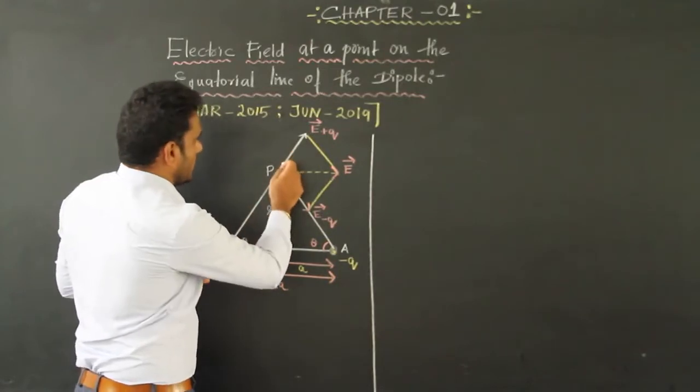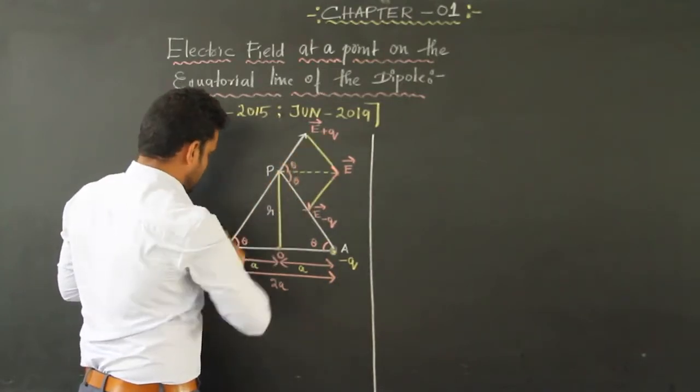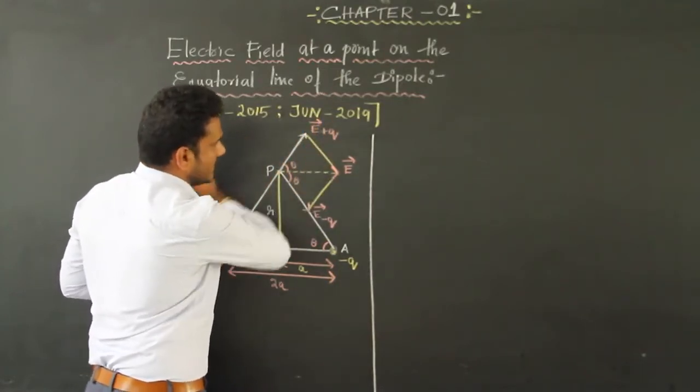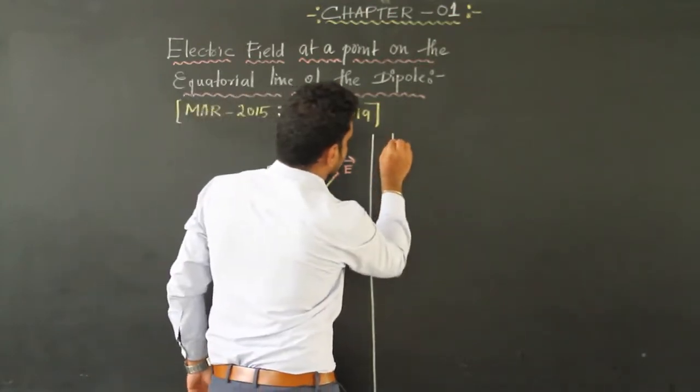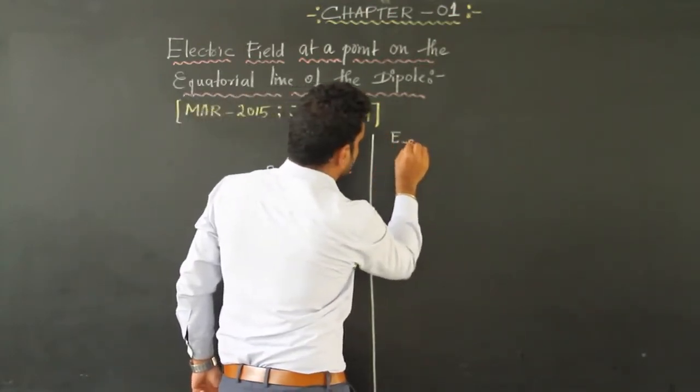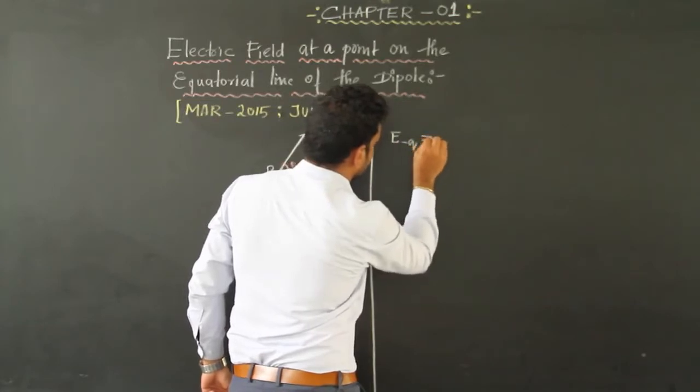The electric field at a point P due to the positive charge is represented by E plus Q. I will write in terms of magnitude.